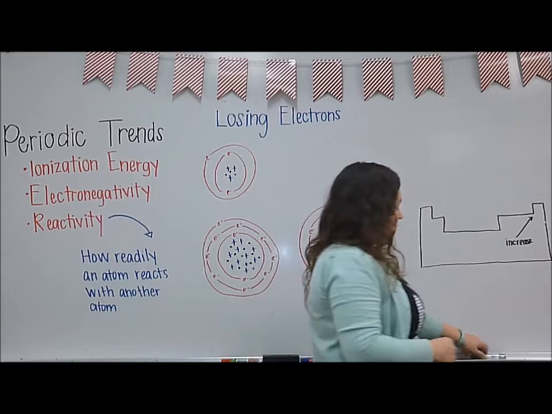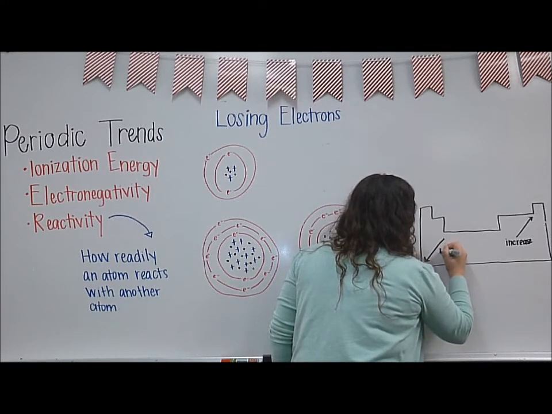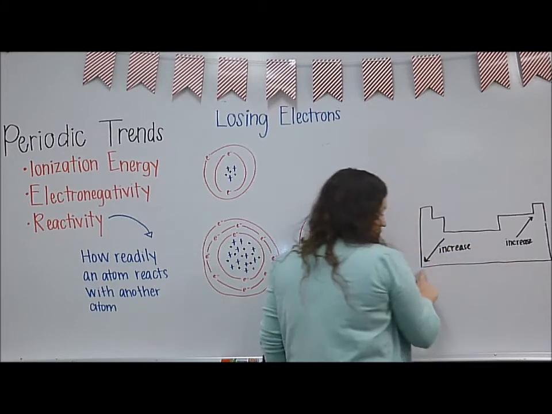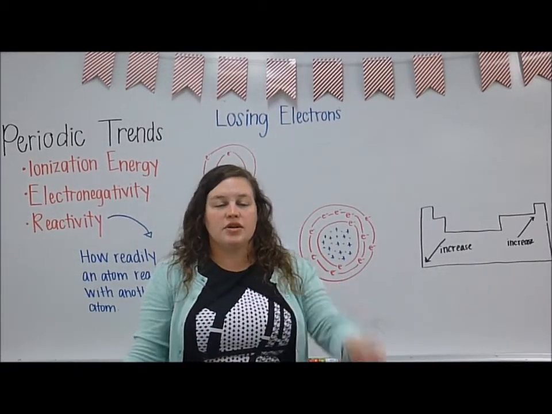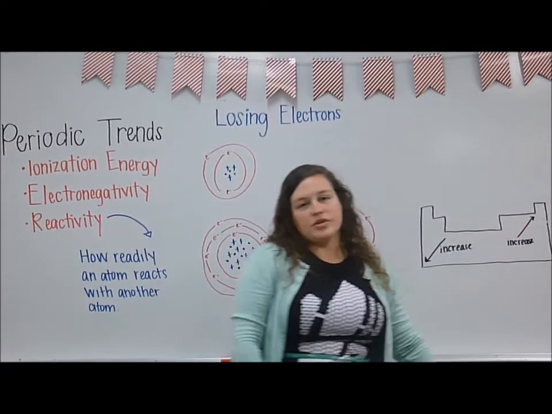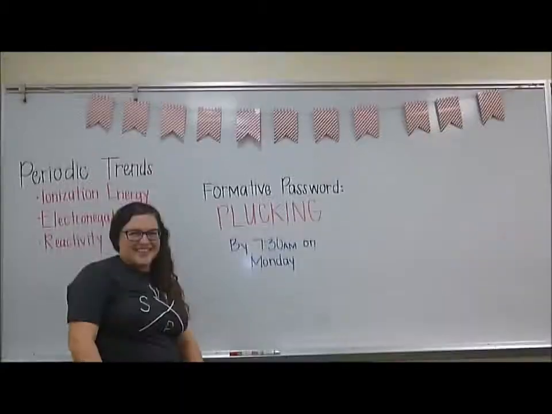As we go down towards this corner, reactivity increases, making francium, which is down here in this corner, our most reactive element on that side. That's our most reactive element that wants to lose an electron, and fluorine is our most reactive element that wants to gain an electron.